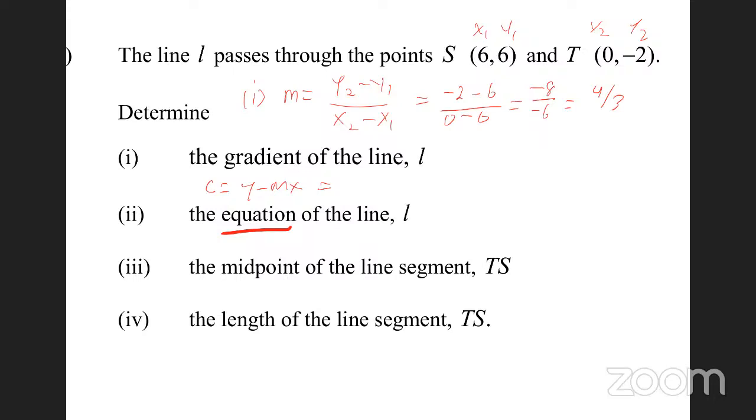So if y is minus 2, gradient is 4 over 3, x is 0, I use T. Use S, it doesn't matter. You will still get minus 2 as the answer. So therefore your equation is y equals mx plus c.